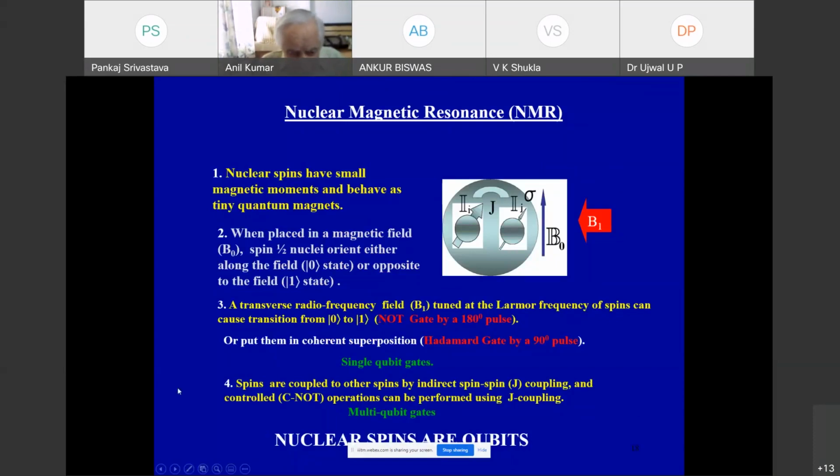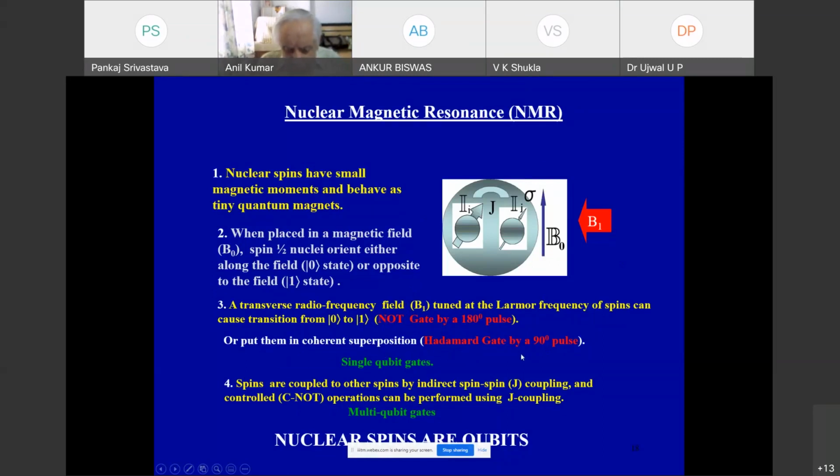A transverse radio frequency field, B1, tuned to the Larmor frequency of the spin, can cause a transition from 0 to 1, a NOT gate, by a 180-degree pulse. Before quantum computing came up, we just called it a pi pulse. We never called it a NOT gate. We were doing pi pulses right from the beginning of NMR, not knowing that we were doing a NOT gate. Similarly, when we apply a 90-degree pulse, it puts the spin in a coherent superposition, it's a Hadamard gate.